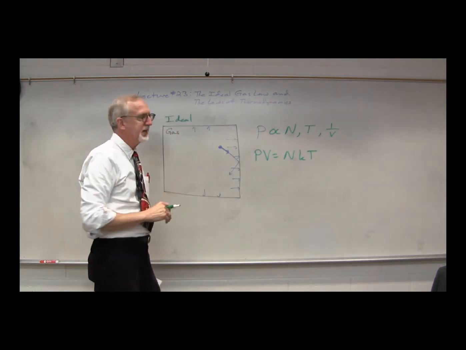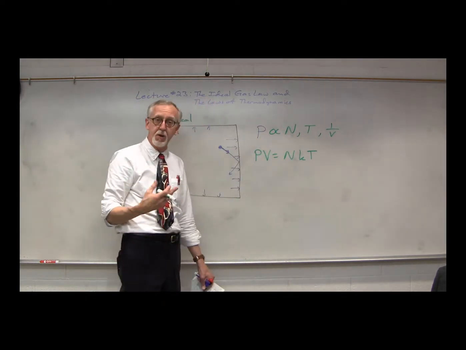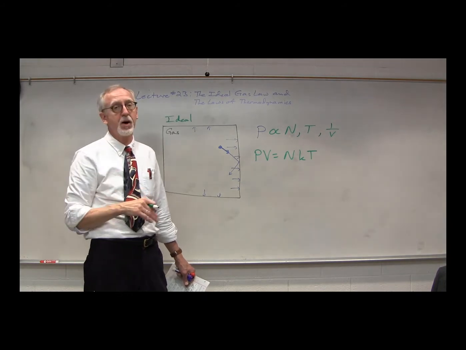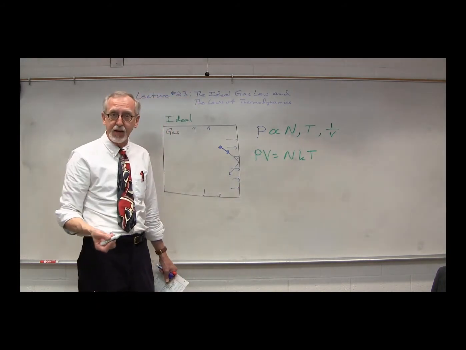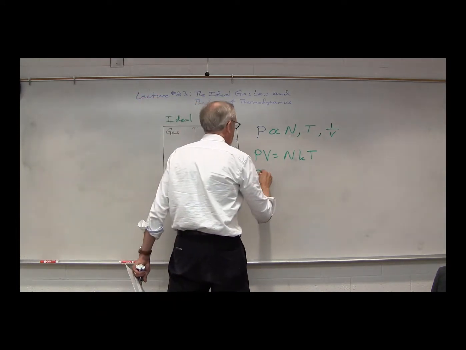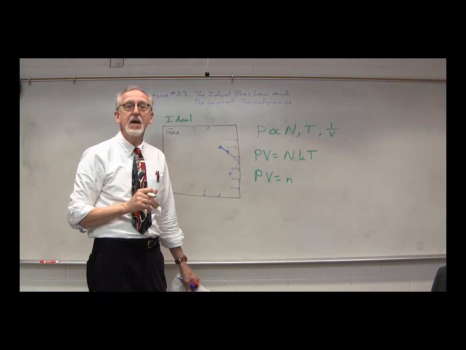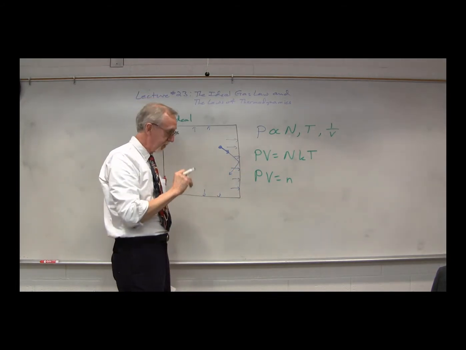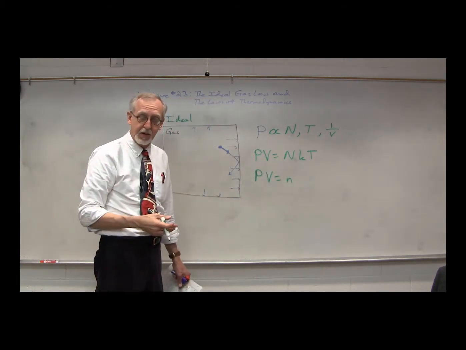Now, we can also write this in a different form. Rather than writing it in terms of the number of particles, we can write this in terms of the number of moles of particles. So rather than capital N, we can write this in terms of lowercase n. If we do that, the constant of proportionality k is different by a factor of Avogadro's number, just like big N and little n differ by a factor of Avogadro's number.